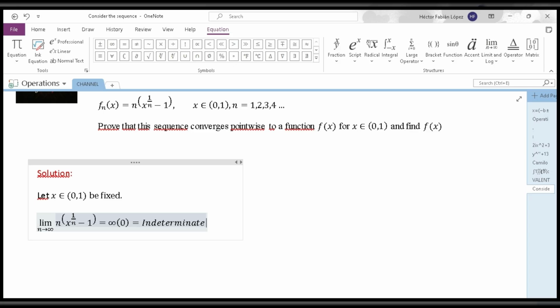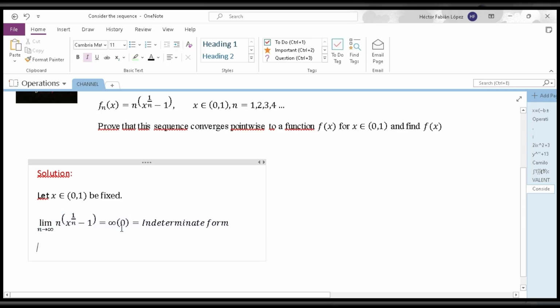Then can we use L'Hopital's rule to find this limit? The answer is no, because for this rule we have to satisfy one condition. This condition is 0 over 0 or infinity over infinity. Then we have to rewrite this limit. Let me write it better here.